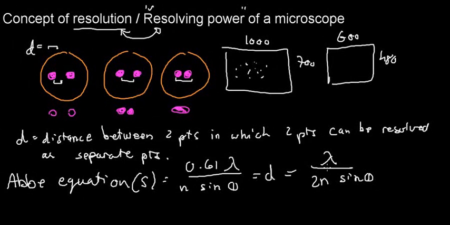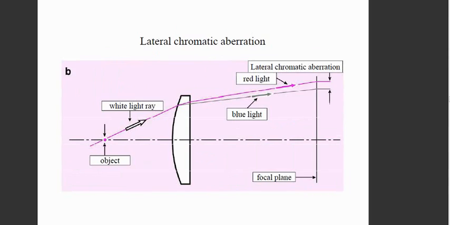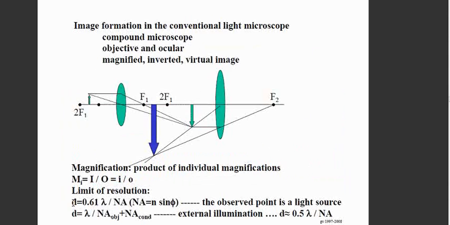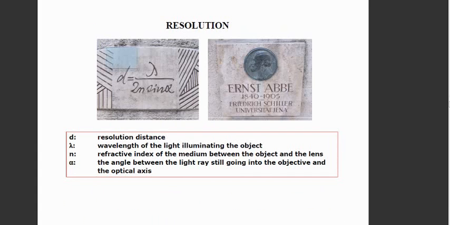Very good. Okay, so this is one equation, this is the other, and just to show you where it is pointed out, you can see this is the first equation, n sin theta, and on the next one you will see this one, which is with the 2 in the denominator.